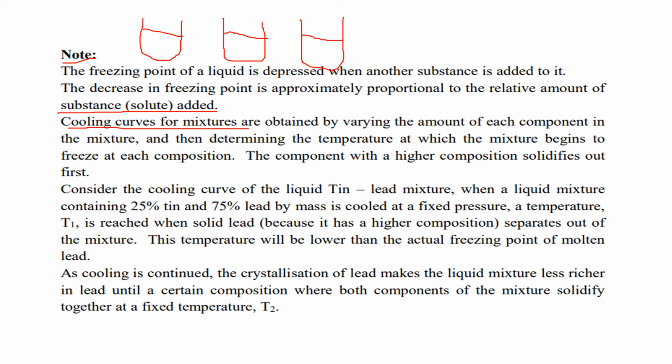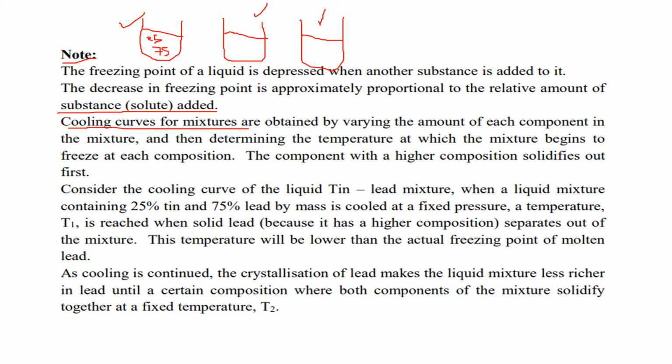So, what we are going to do, we want mixtures. Now, these mixtures are only going to vary in composition, but all of them are going to remain with equal total mass. So for this mixture, we can say that we want 25% tin. Let's say we are going to combine tin and lead, and then we say 25% tin, and then the other percentage is going to be 75% lead.